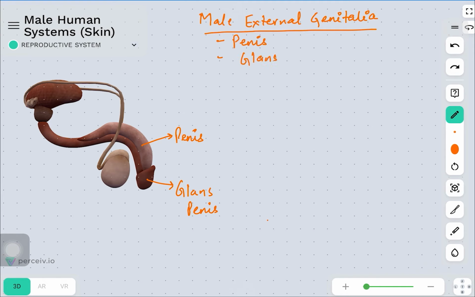Now this penis is actually made of special tissue which helps in the erection of the penis to facilitate the insemination.